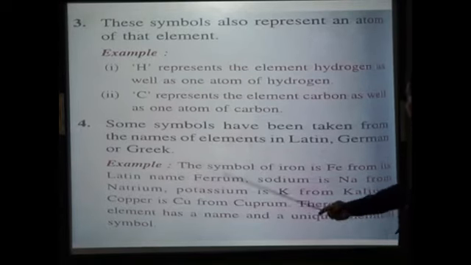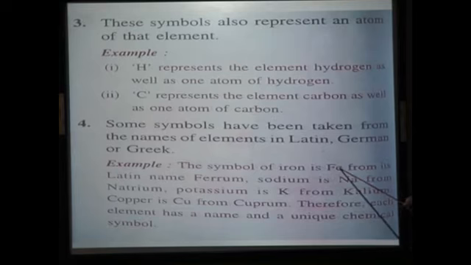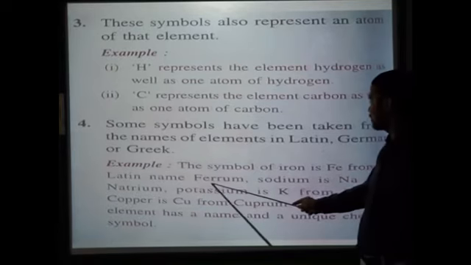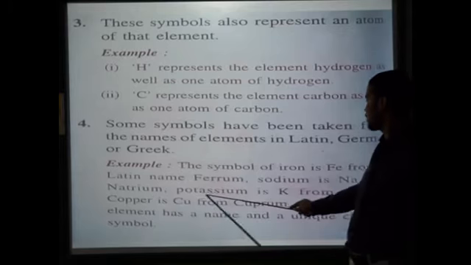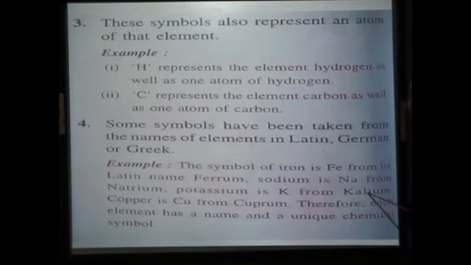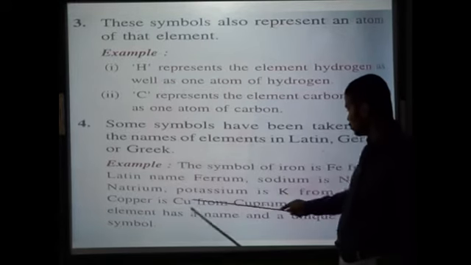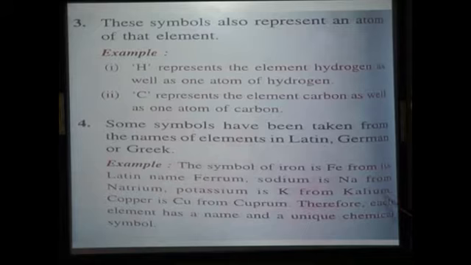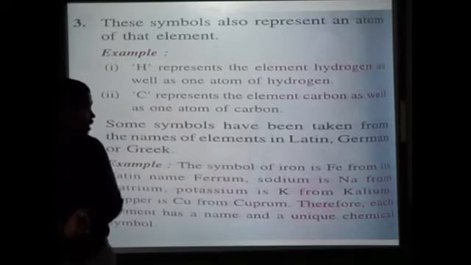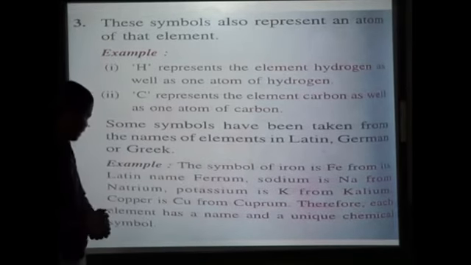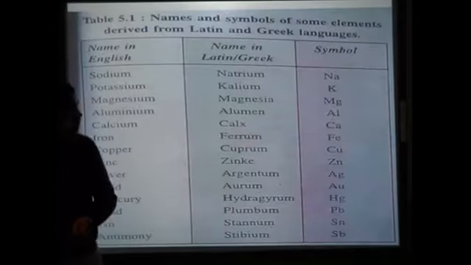For example, the symbol of iron is Fe from its Latin name ferrum. Sodium is Na from natrium. Potassium is K from kalium. Copper is Cu from cuprum. Therefore, each element has a name and a unique chemical symbol.